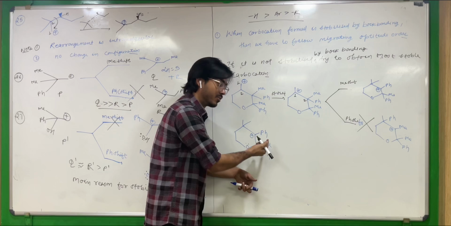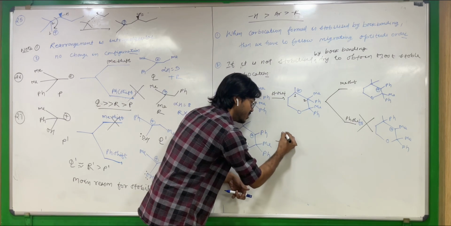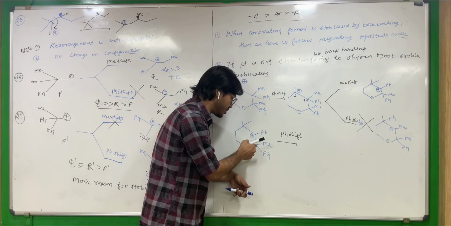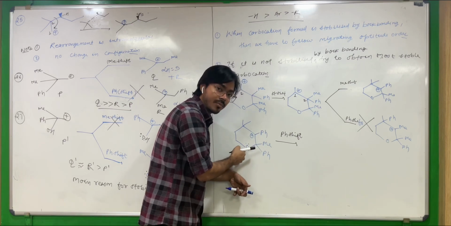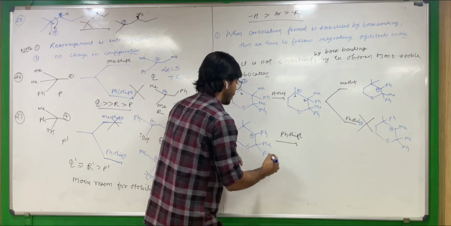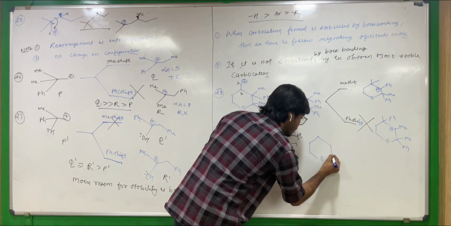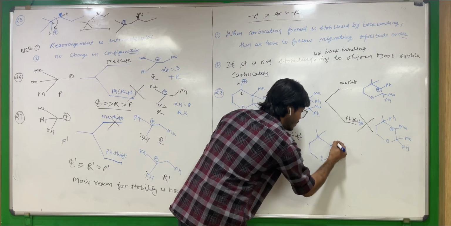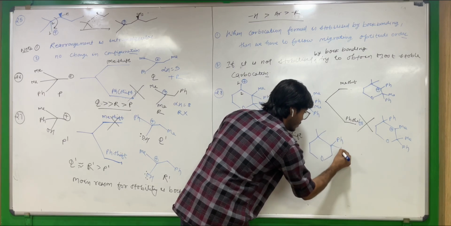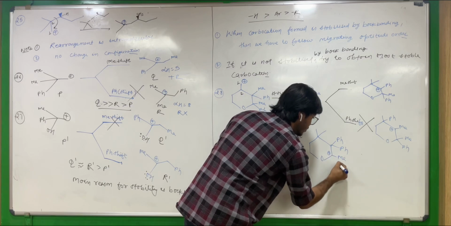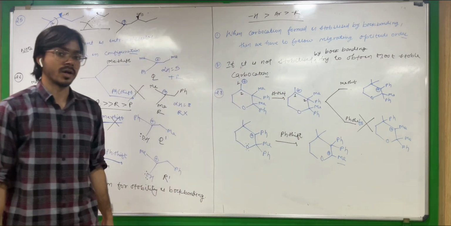So phenyl shift will take place, not methyl shift, because when the carbocation comes here, it is stabilized by back bonding due to the lone pair of oxygen. So phenyl shift will take place, and the final product will be this, with the positive charge and methyl. This is the final product. So write down.